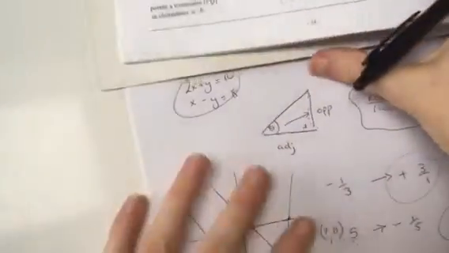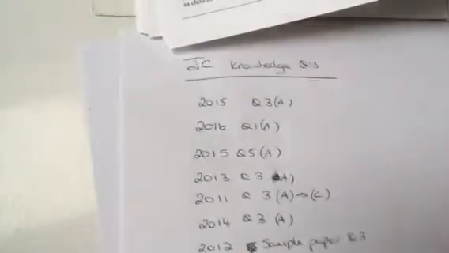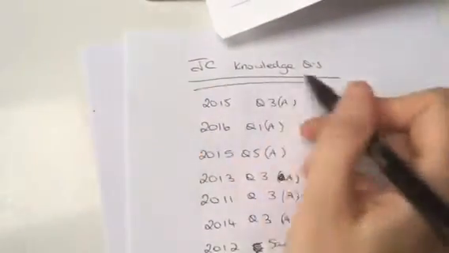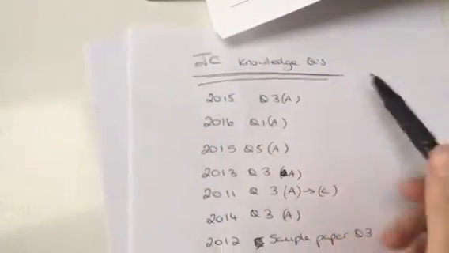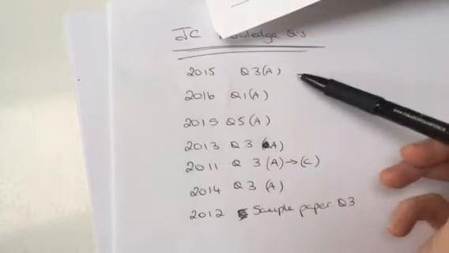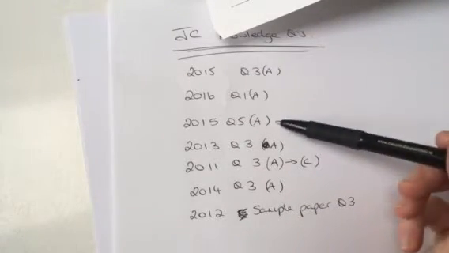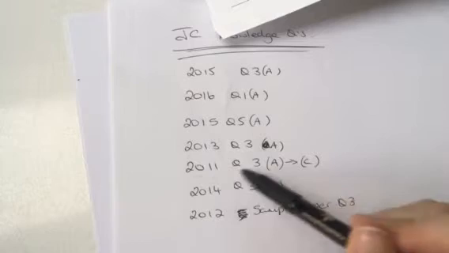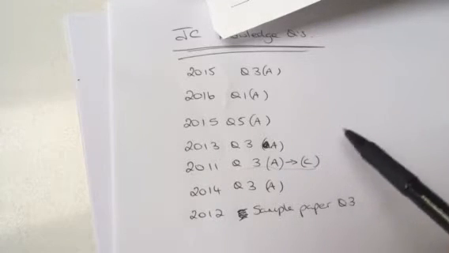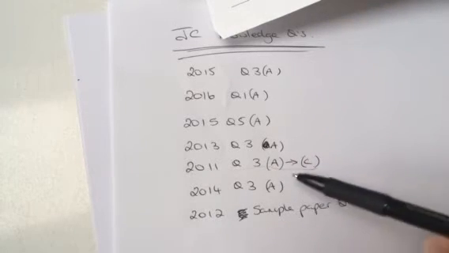So if you want to check your junior cert knowledge and make sure that it's up to scratch, you can try some of these questions. Now, these are all leaving cert questions. You'll notice that mostly they're part A's, except for this here. Part A, B and C were junior cert.